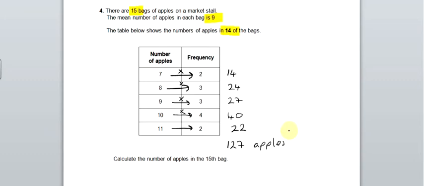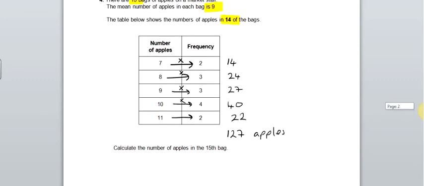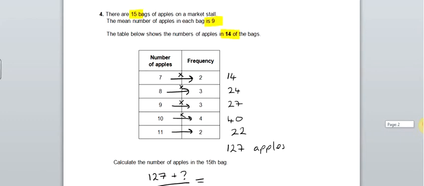Now, we know that to find the mean, you would share the number of apples between the number of bags, and there's 15 bags. And we know, because it says at the top, that if you do that, then the mean number is 9.